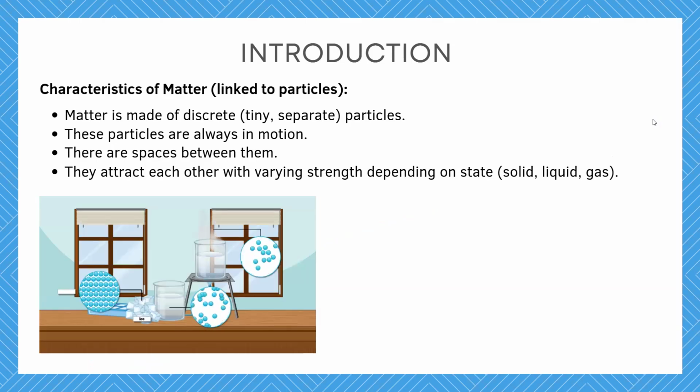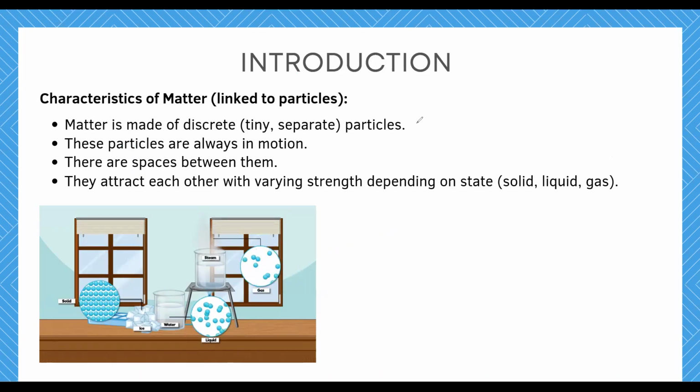That brings us to talking about the characteristics of matter that we have. Can you see what's on the screen right now? Yes. Beautiful. So, what are some of the characteristics of matter that we have? Characteristic number one says that matter is made up of tiny separate particles or discrete particles. And then the second characteristic of matter is that these particles are always in motion.